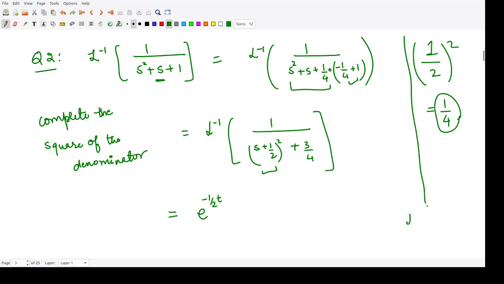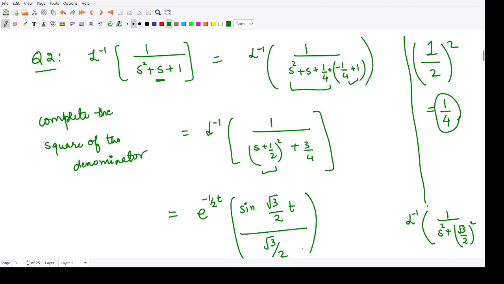And then what would be the Laplace inverse of 1 upon s square plus square root 3 upon 2 whole square, because you can write 3 upon 4 as square root 3 upon 2 whole square. So it would be sine square root 3 divided by 2t divided by this constant square root 3 by 2.